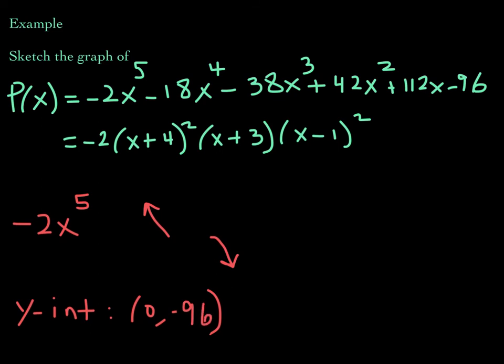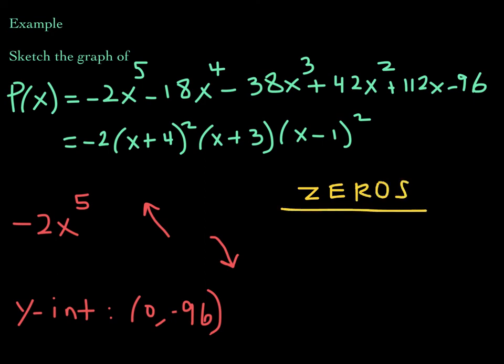And then I'm grateful for factored form because this gives me all of my zeros. Standard form does not. So if x plus 4 is a factor, that means negative 4 is a zero. Let me write out the word zeros.